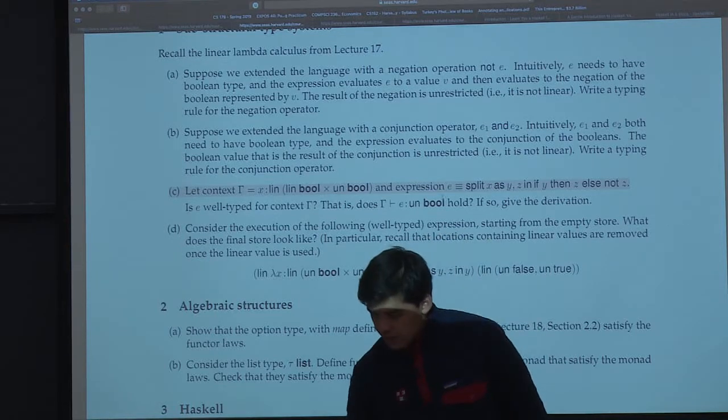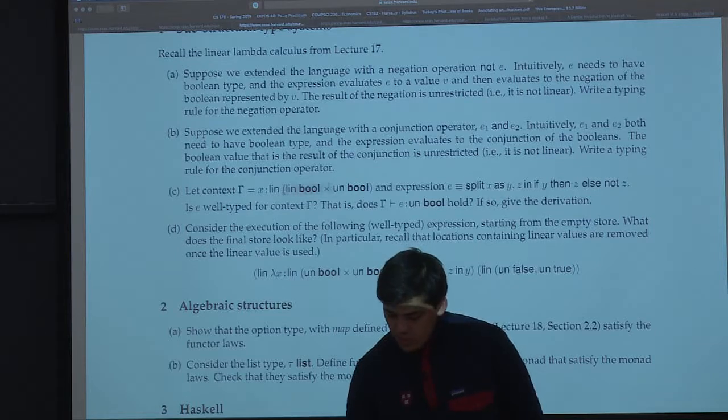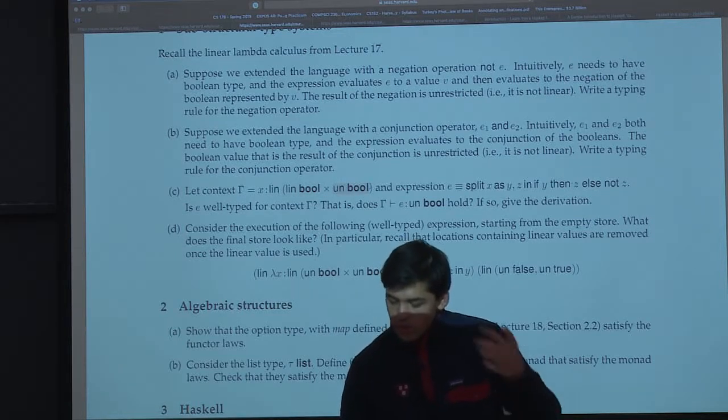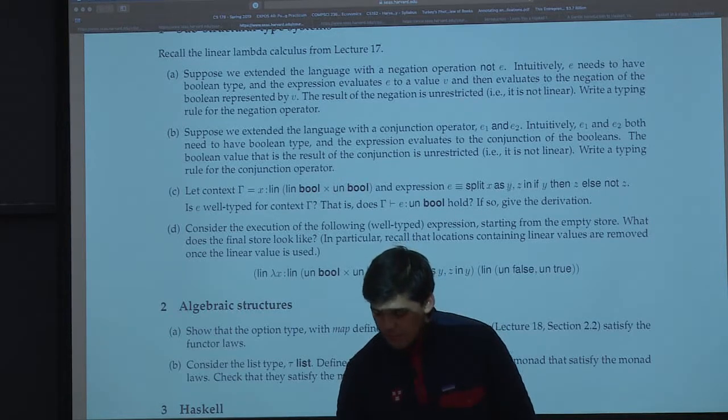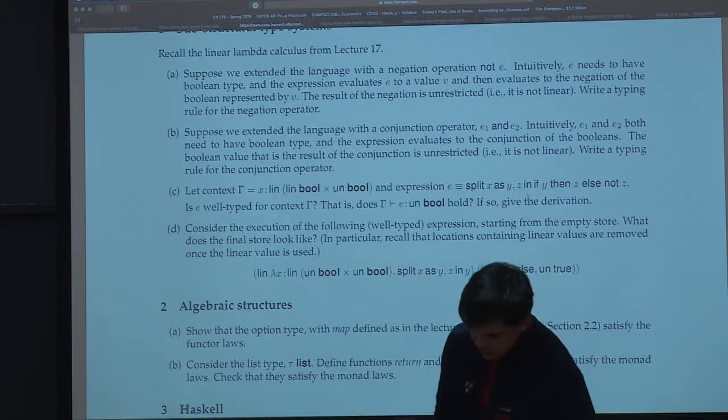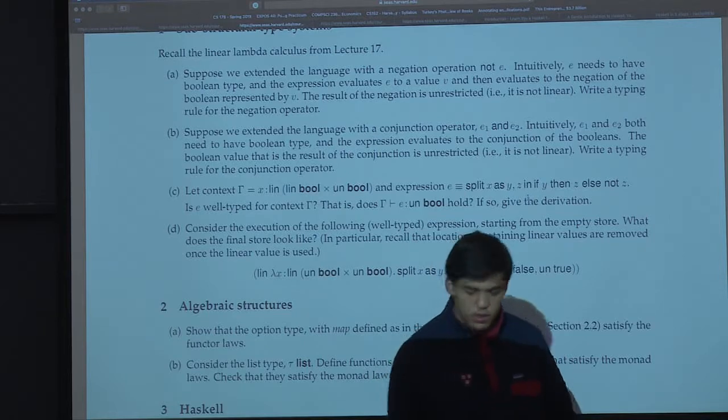If we're going to split E into Y and Z, and here the type is given as lin-bool and un-bool, then we can intuitively think, okay, Y is expected to have the type lin-bool, right? And Z is expected to have the type un-bool, or unrestricted Boolean. And this does not need to hold yet. So let's write that here.